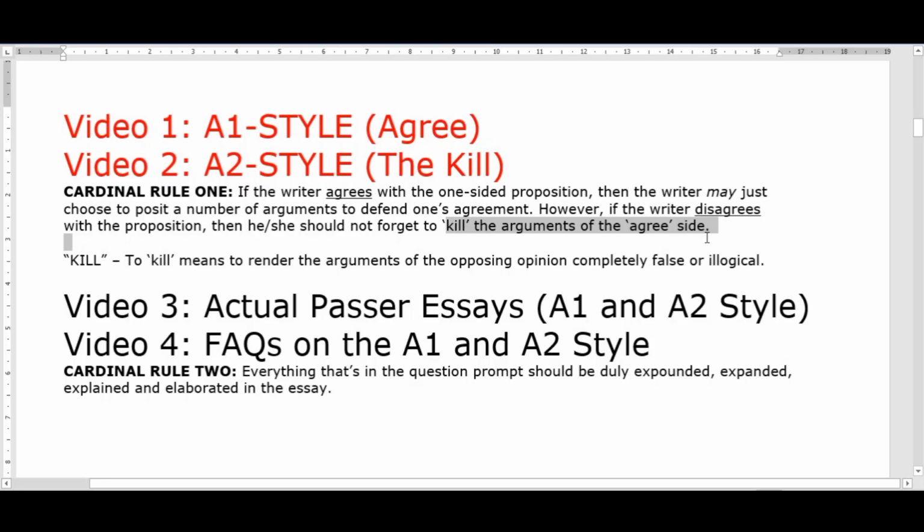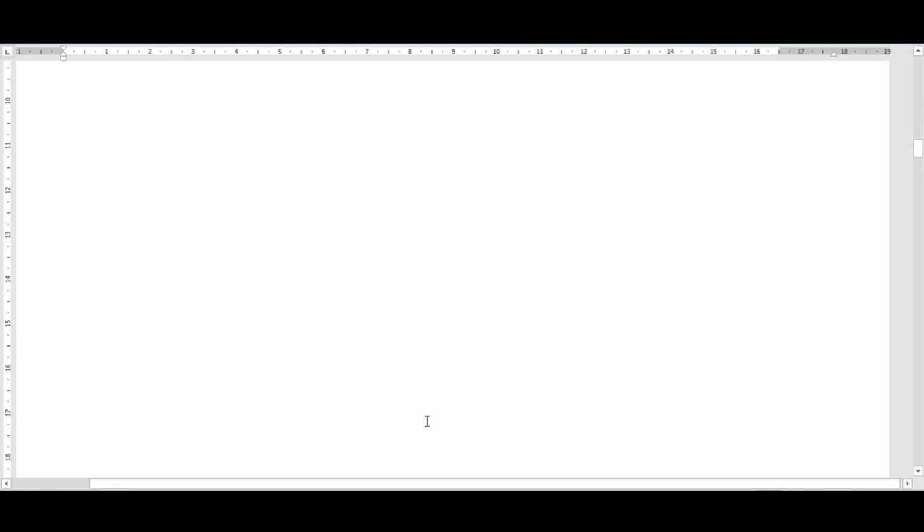The answer is because the arguments of the agree side are explicitly stated in the question prompt. And so you should duly expound, expand, explain, and elaborate it in the essay first before you proceed to kill these arguments. If that is quite confusing for you, I would recommend that you go back to videos 1 and 3 to find out exactly what I mean about this.